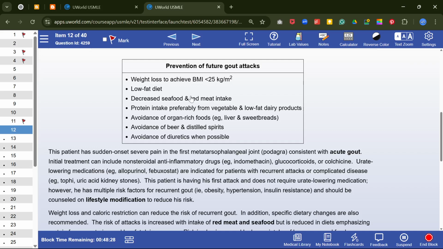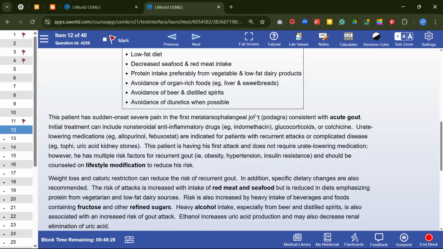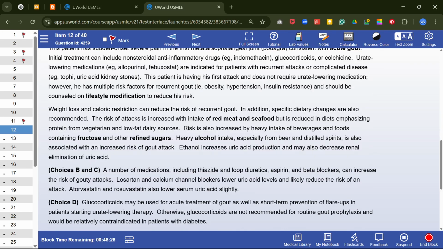However, he has multiple risk factors for recurrent gout: obesity, hypertension, and insulin resistance. He should be counseled on lifestyle modification to reduce risk. Weight loss and caloric restriction can reduce the risk of recurrent gout. In addition, specific dietary changes are recommended.